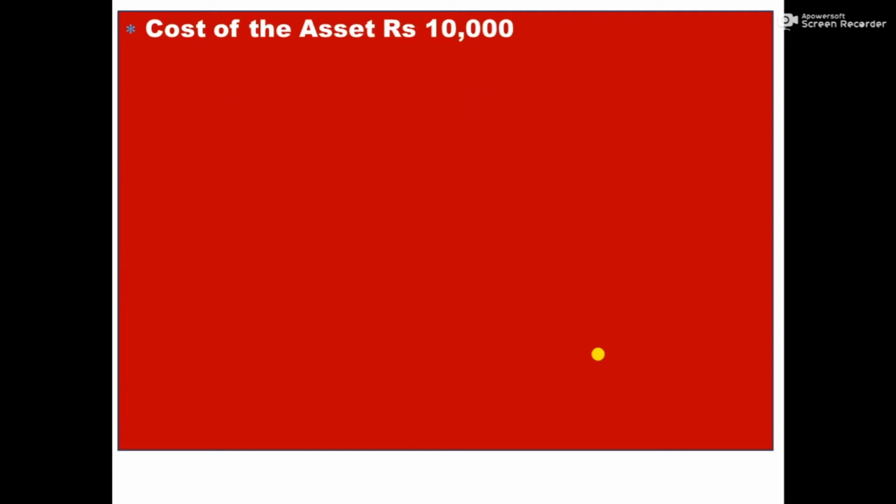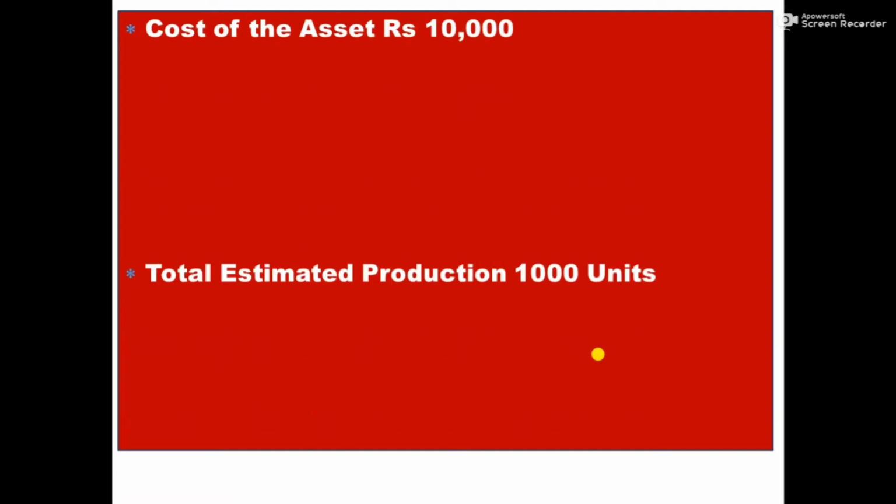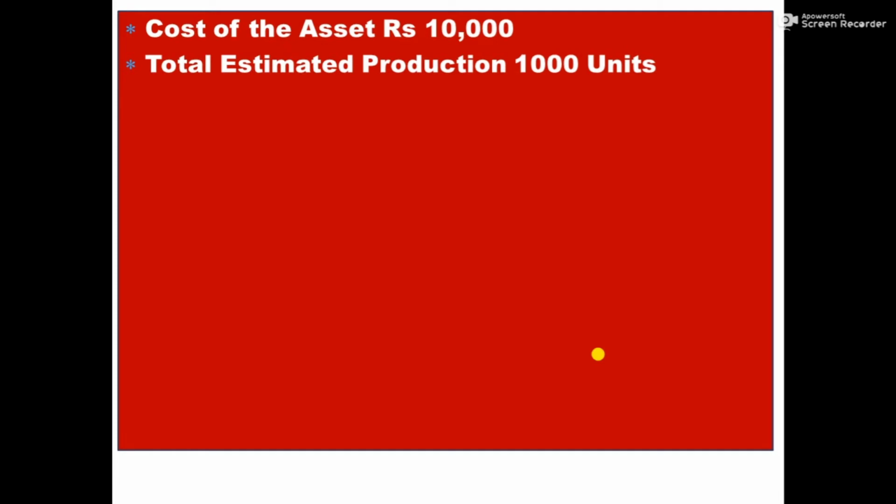You purchase an asset for rupees 10,000. You estimated that the asset can produce 1,000 units over a period, and you estimated that the residual value will be nil.